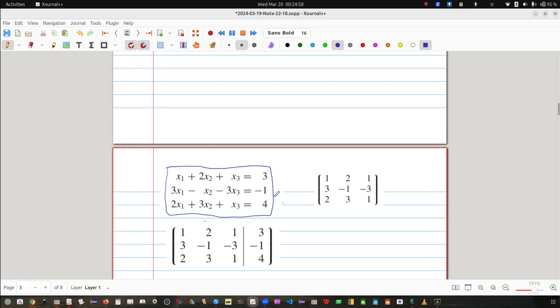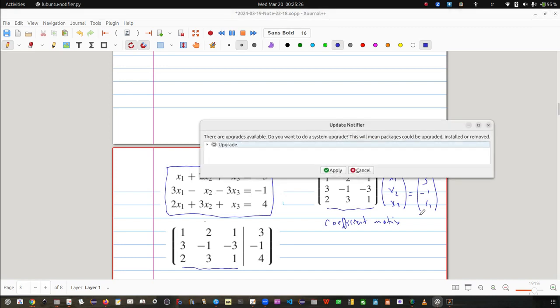But when we are using a matrix system, first we take the coefficients and make the coefficient matrix, and then technically this times x1, x2, and x3 is equal to the b, which is 3, minus 1, and 4.